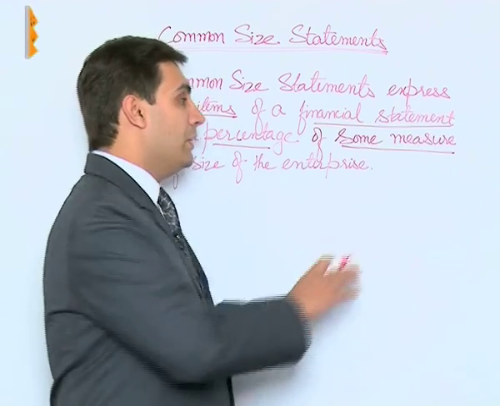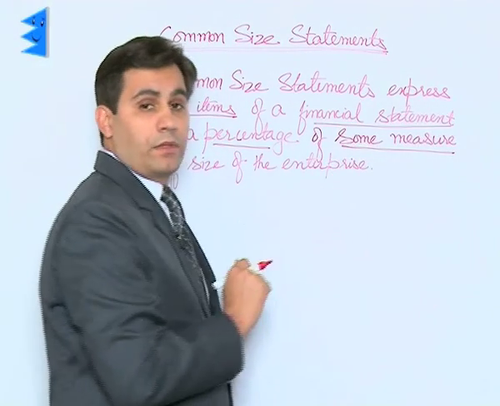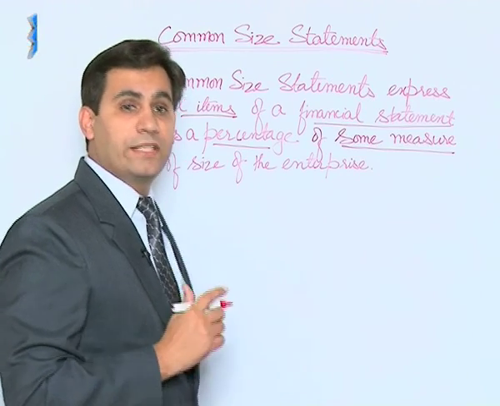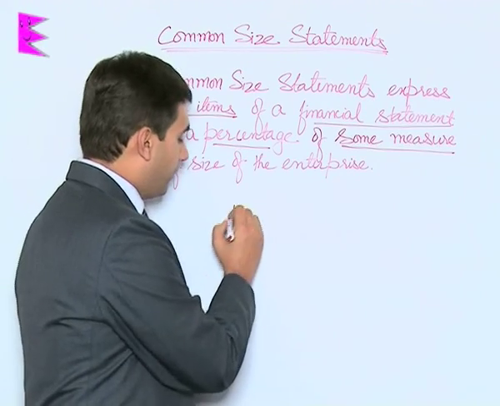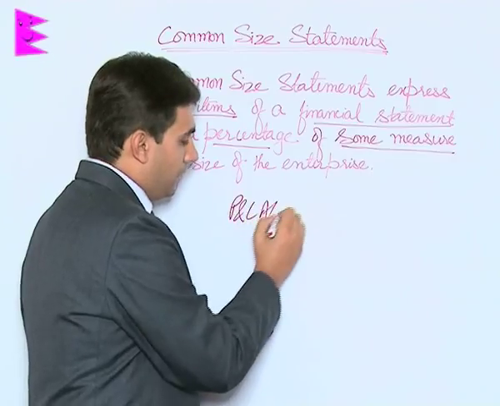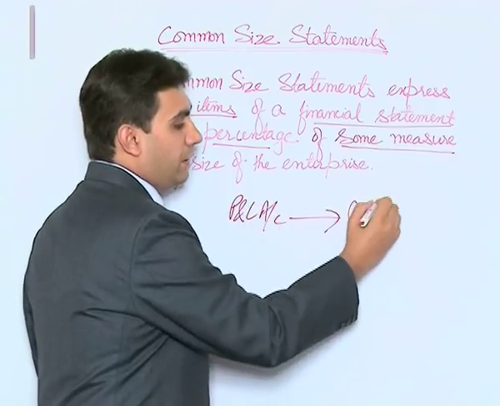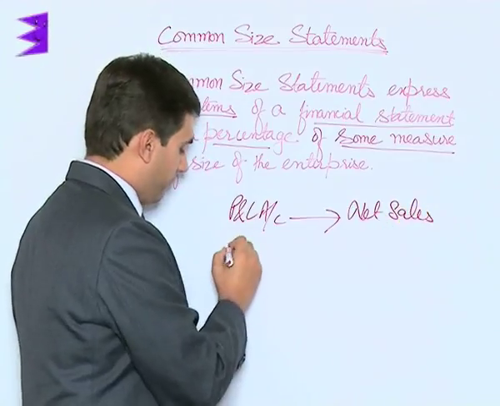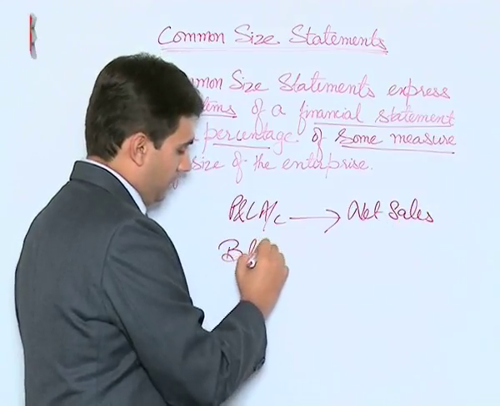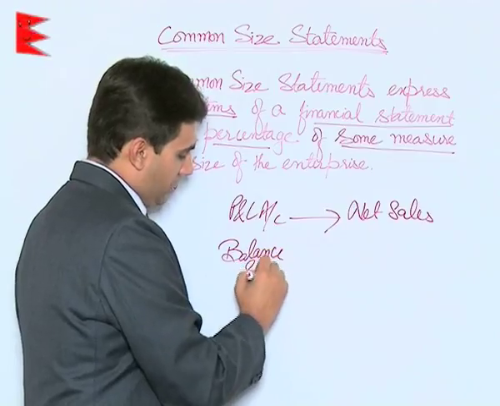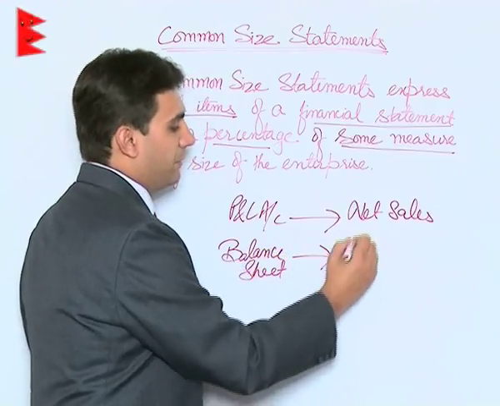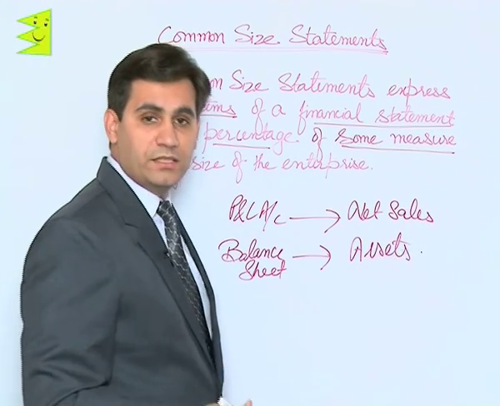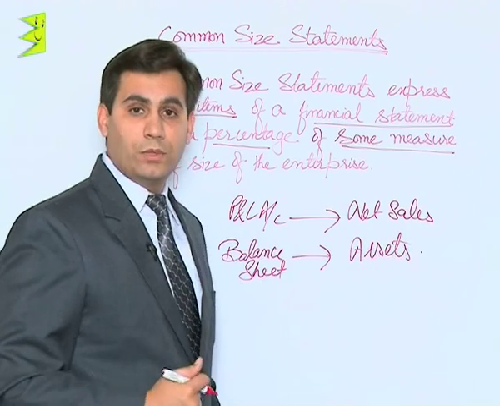Now, what can be the common measure in this case? The common measure can be different for different statements. For example, in case of profit and loss account, the common measure can be net sales, and in case of balance sheet, that is the position statement, the common measures can be taken as assets or liabilities because they both are equal.